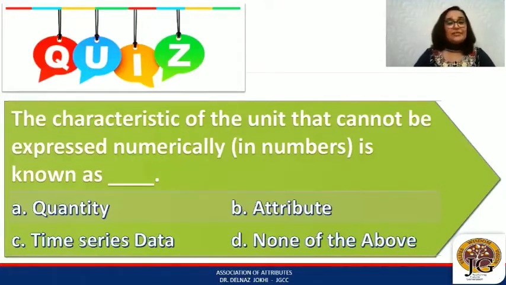The characteristics of the unit that cannot be expressed numerically is known as, the 4 options are A, quantity, B, attribute, C, time series data, D, none of the above. Please read the question in your own mind and write down the answer of the MCQ. Any one answer, I give you 5 seconds. Please think.